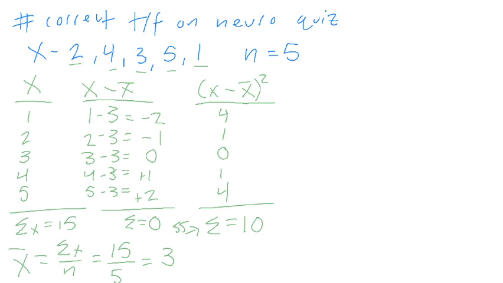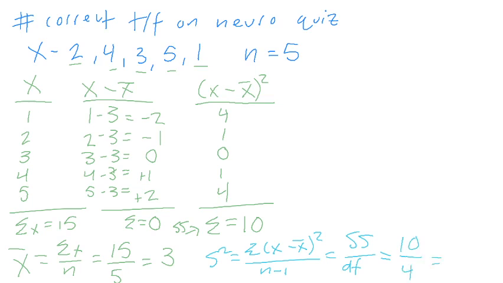Let me go ahead and get a different color here. But let's remember that our variance is equal to the sum of our squared deviation scores, or SS, all over n minus 1. Another way to think of this formula, just condensed, is SS over degrees of freedom, which in this case is n minus 1. So we're just going to put 10 over 5 minus 1, which is 4.